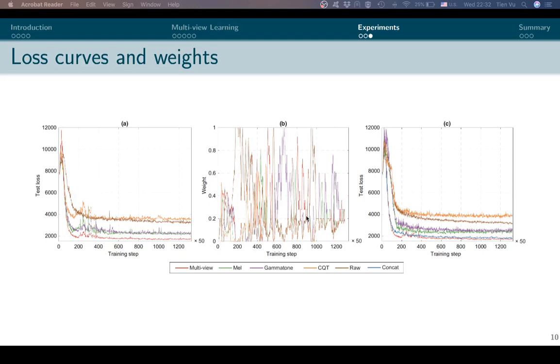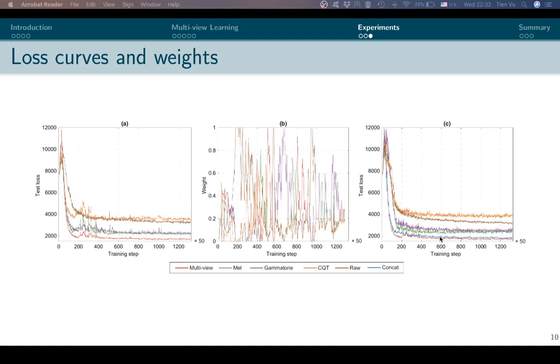But the interesting result that I want to stress is on the right. We have the loss curves obtained by the separate networks trained on the individual inputs separately. And we also have the loss curve corresponding to the simple concatenation, indicated by the blue curve here.